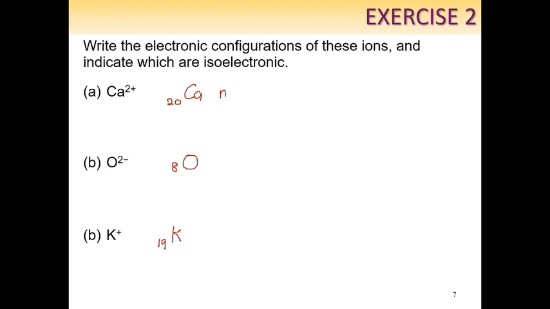So the number of electrons for calcium is 20, for oxygen is 8, and for potassium is 19. From the number of electrons you identified from the neutral atom, now you can write the electronic configuration of the atom first. You cannot directly write the electronic configuration of ions. Okay, so let's discuss the answer.